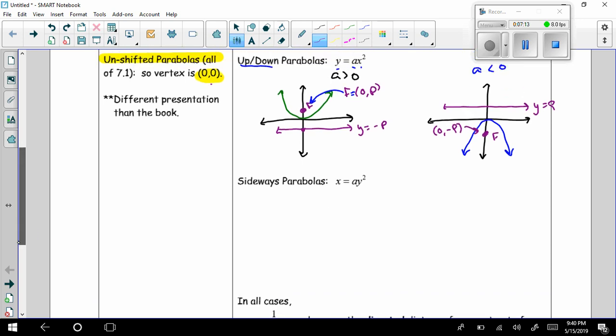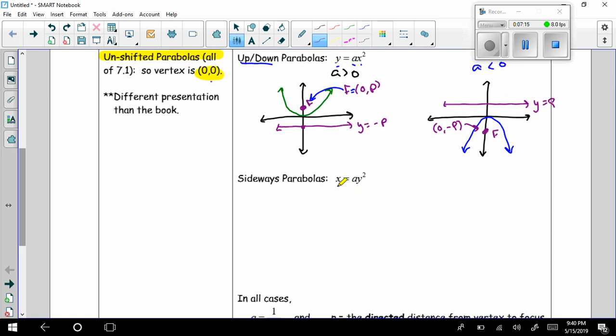Okay, so you can also get x equals ay squared, and when this happens, you're going to get a sideways parabola. So let's go ahead and look at when a is greater than 0. You think about this will be positive, so it's going to go in the positive direction. So it's going to be open to the right.